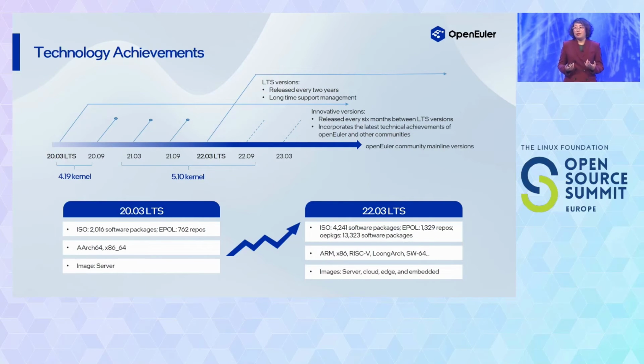This version makes a significant improvement in software enablement, software ecosystem, hardware enablement, and also multi-scenarios. And in this LTS version, we adopted a lot of the new features and innovations we already released in the past 3 innovation versions.